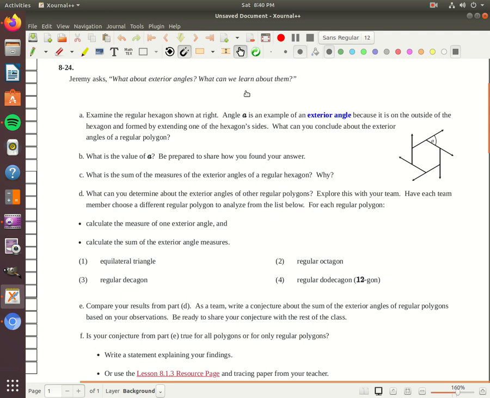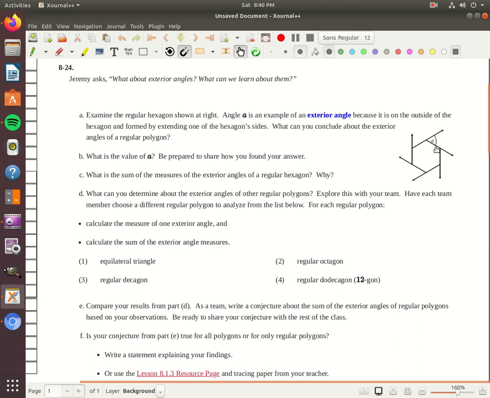So what are the exterior angles and what can we learn about them? Examine the regular hexagon shown at right. Angle A is an example of an exterior angle. That's an exterior angle because it is on the outside of the hexagon and formed by extending one of the hexagon's sides. What can you conclude about the exterior angles of a regular polygon?